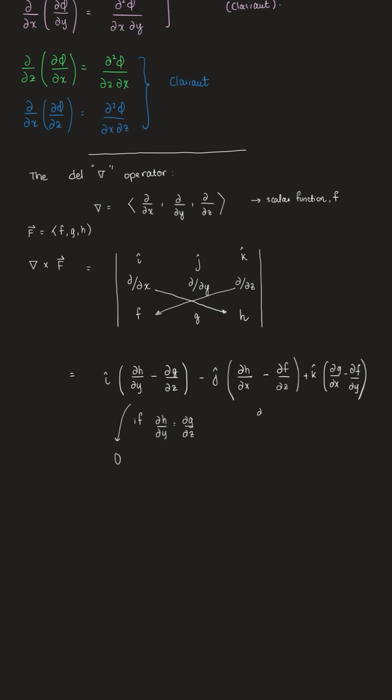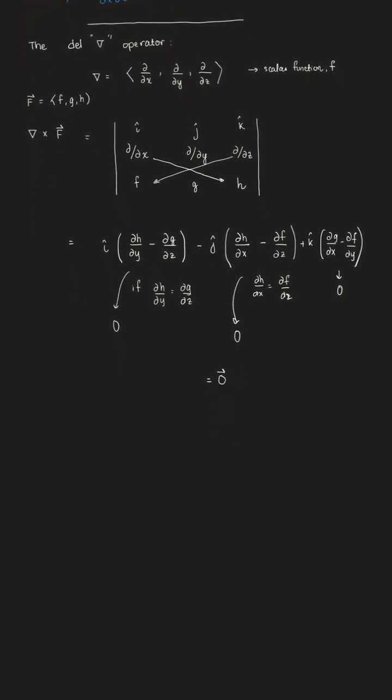If dh dx equals df dz, then we know that this component is going to be 0. And if these are equal to each other, this component will be 0, which means that this gives us the 0 vector.